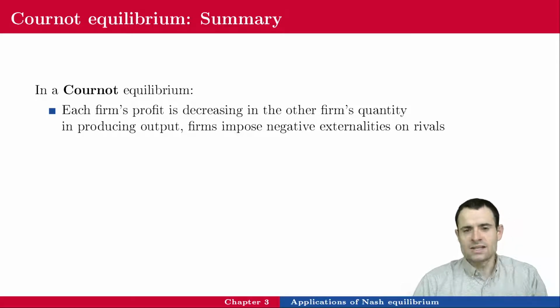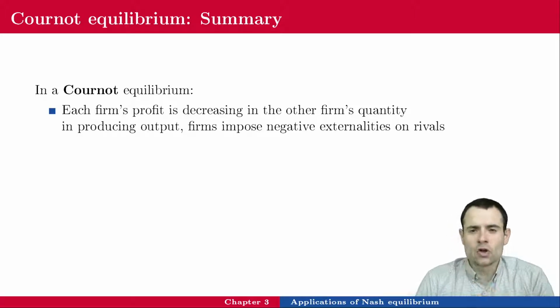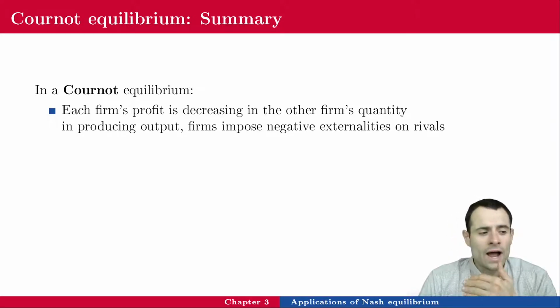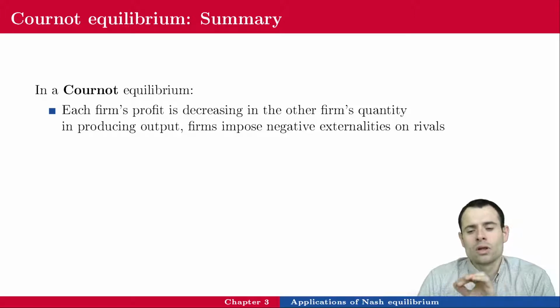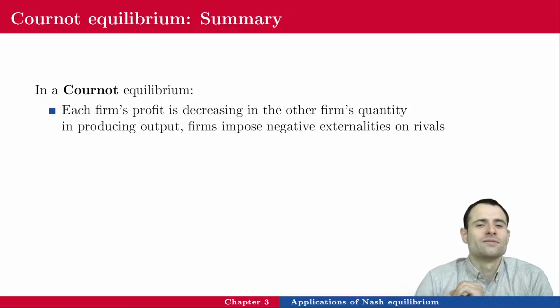The idea is that if firm 2 produces a high quantity, it will lead to a lower overall price on the market. And because it is going to lead to an overall lower price on the market, this is going to hurt firm 1.